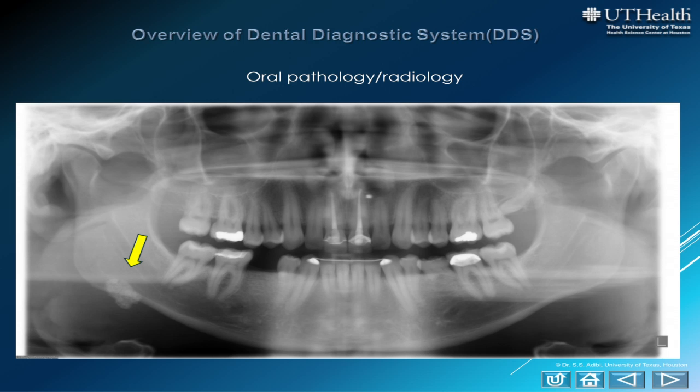Several differential diagnoses may be within the range of conditions such as this one, with a radiographic, asymptomatic, and incidental mass finding located at the right angle of the mandible.